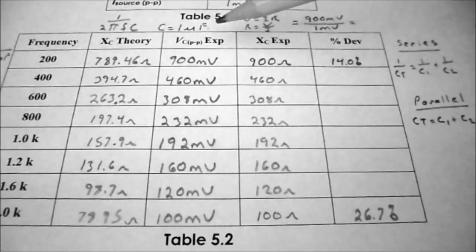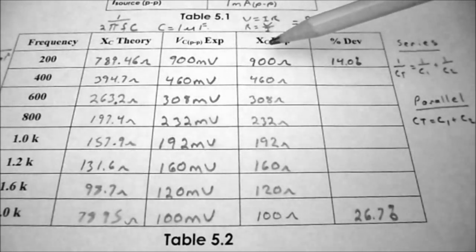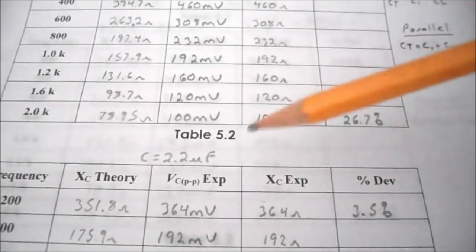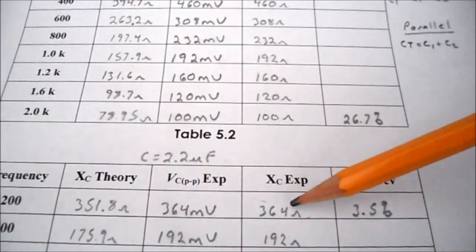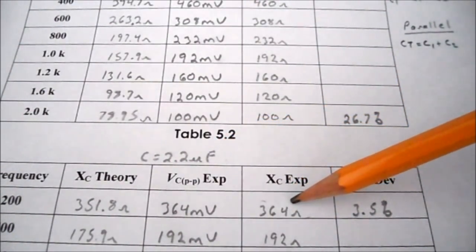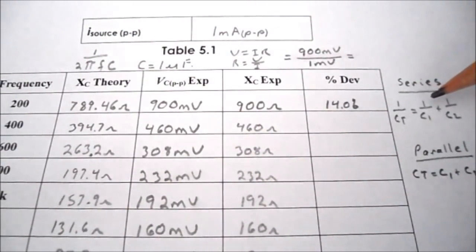For our 1 microfarad capacitor, we had 900 ohms on XC. When we increased our capacitance to 2.2 microfarads, you can see the resistance of XC actually decreased. So when we add capacitors in series, the capacitance decreases.